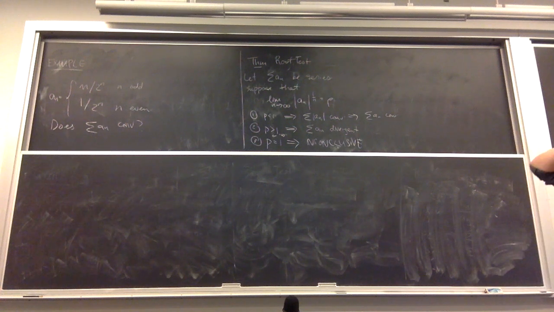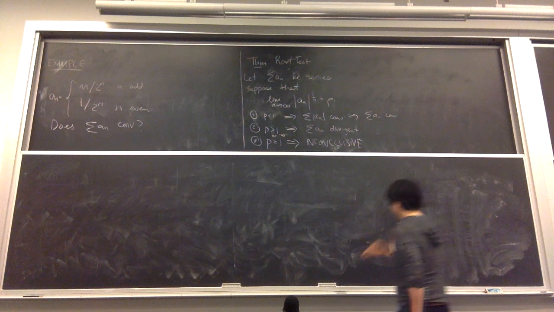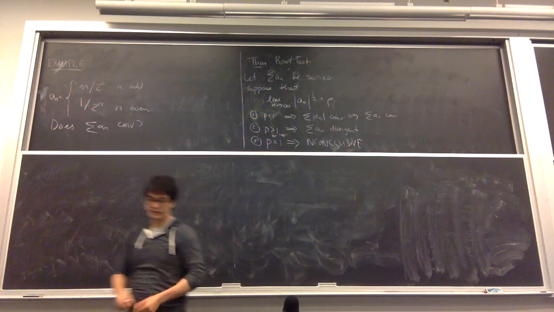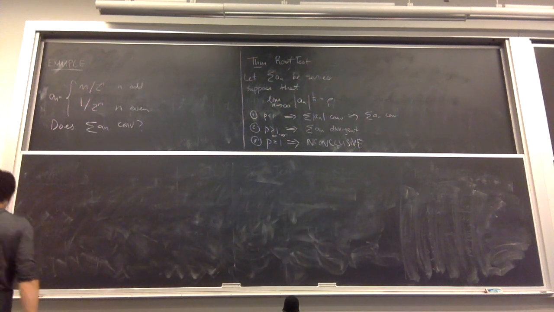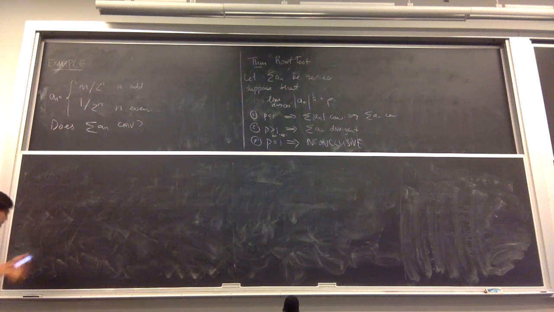All right, so what about that one? Anyone have any ideas? Well, you have to use the root test, right? So I'll show you. Maybe you're forgetting some of your old techniques. So what do we need here?